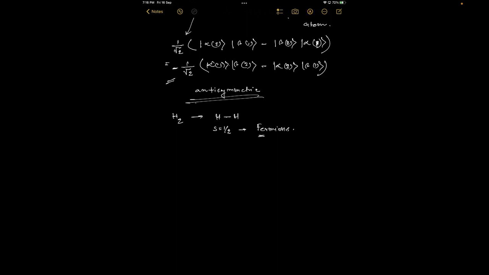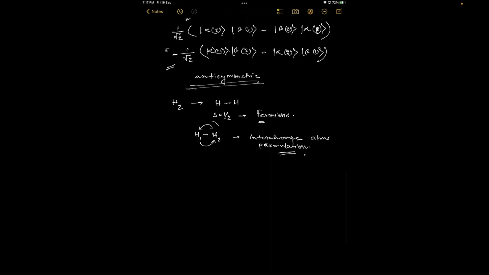That means if you interchange these two hydrogen atoms, if you apply a permutation operator, like interchanging these two atoms, the total wave function of this hydrogen atom has to be antisymmetric.